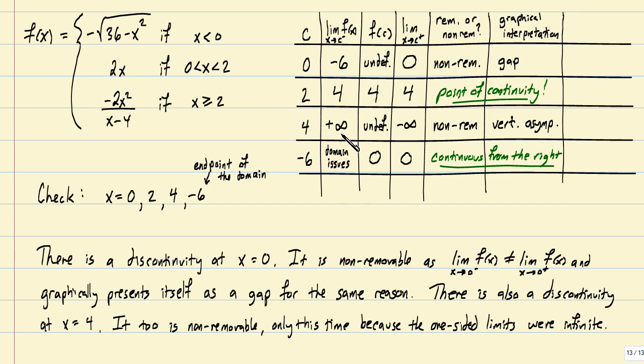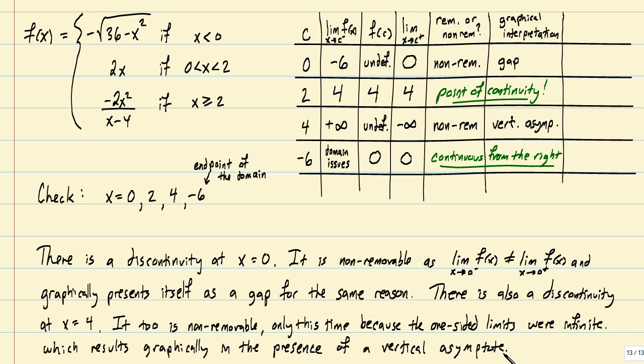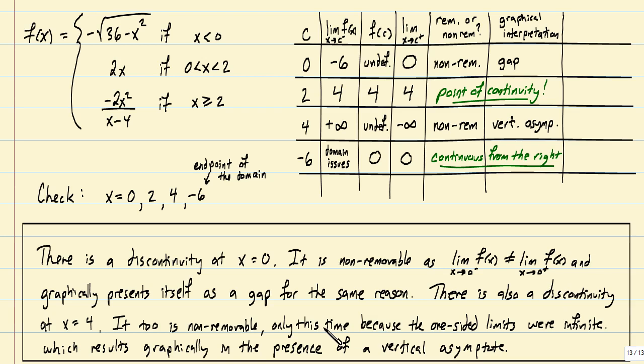Remember, the limit failed to exist because both the one-sided limits here were infinite, and in fact just one of them being infinite would be sufficient to cause the problem. And finally we say something about the graphical interpretation here, that we created a vertical asymptote. Okay, so we write that in there. And that is our discussion. We're done.